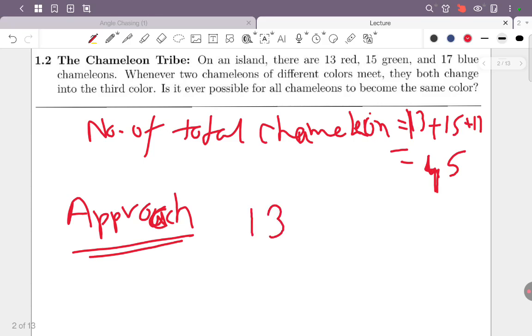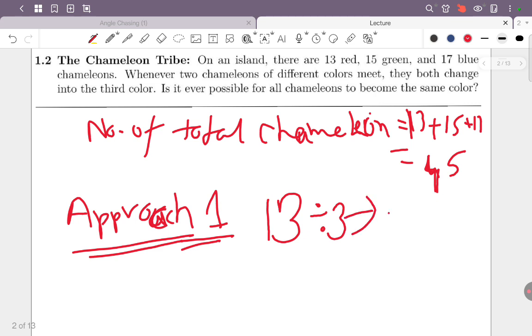So this is approach 1. When we divide 13 by 3, it gives remainder equal to 1.